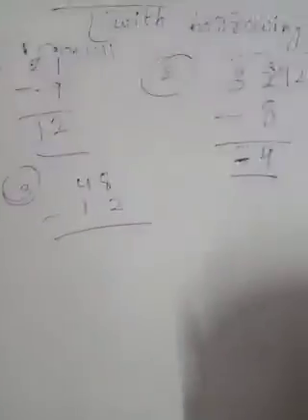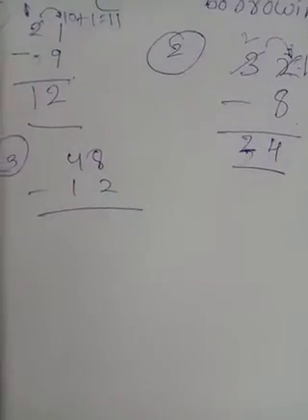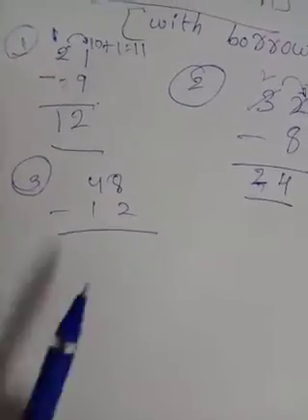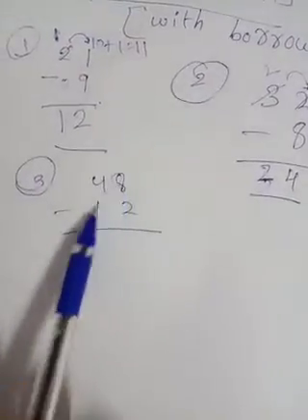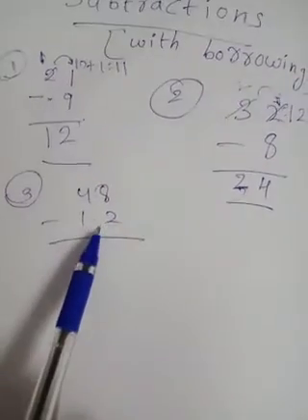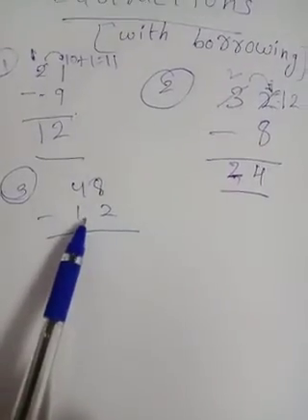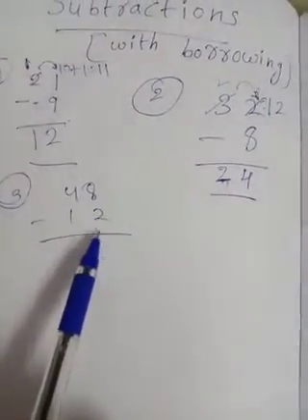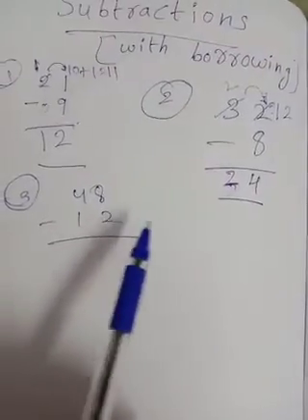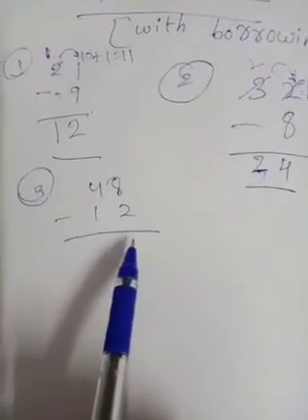Now observe this number, children: 48 minus 12. Check the ones place numbers, children. 8 minus 2. The up one is big and the down one is small, so subtraction is directly possible. It is simple subtraction.